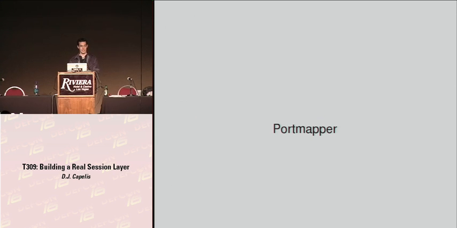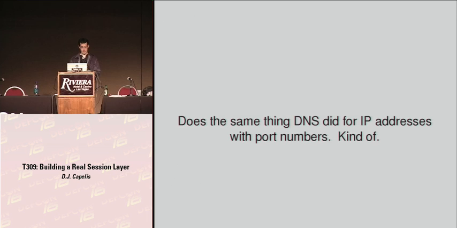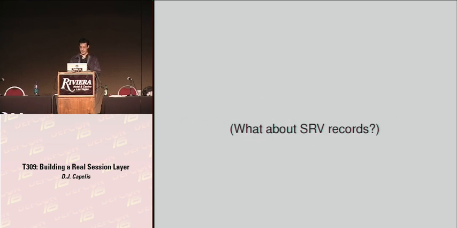Very similar. It used ports, but it's kind of the same idea. So really, it's doing the same thing DNS does with IP addresses, except it's doing it with ports. Those of you who really love DNS are going to quietly mutter to yourself, well, what about SRV records? And the answer is you don't use them, so why are you telling me about SRV records?